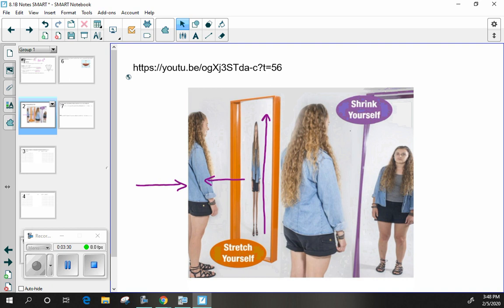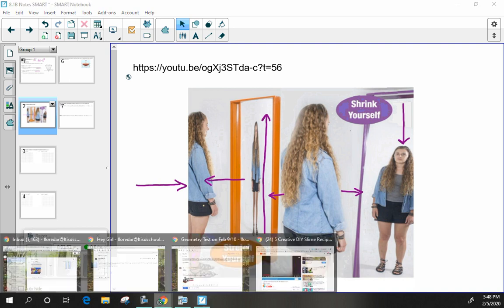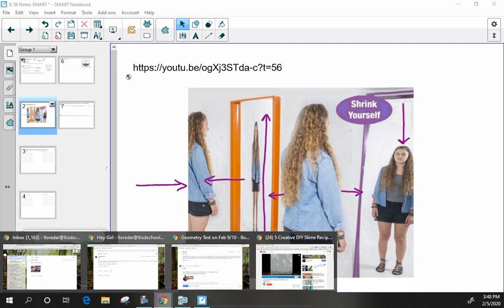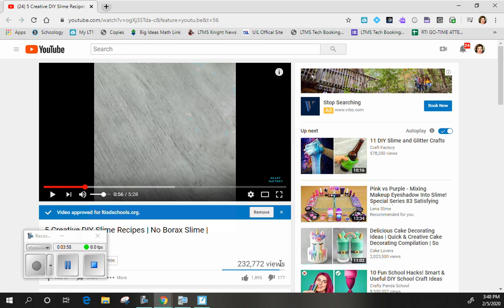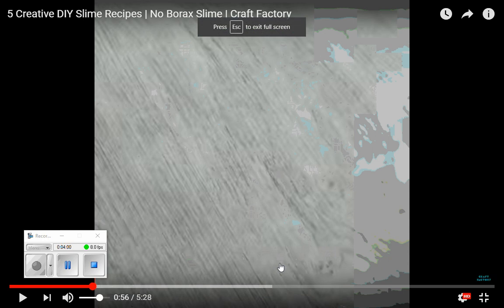If we have something that pulls on each side, then this part gets shorter and smaller. I have one more visual I want to show you to make you think about what we're doing here. We're going to take a look at some slime. Let's take a look at that real quick.